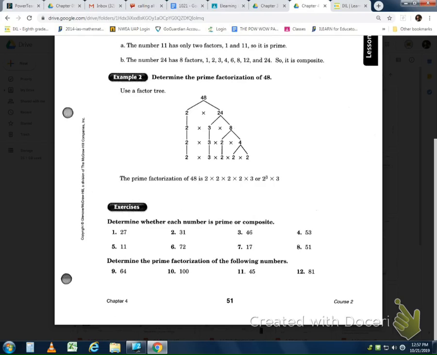We'll look at the odd ones. So number 1 is 27. Can you think of any factors that go into 27? Brandon, anything go into 27? 1. Yep. Anything else? Four goes into 27. How many times?